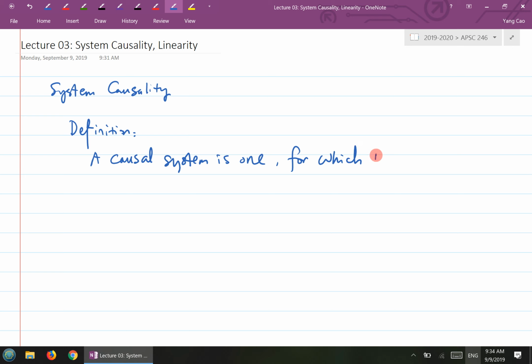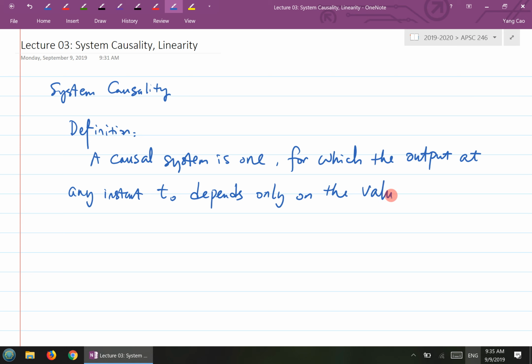For this kind of system, the output at any instant, at any time t naught, depends only on the values of the input. So let's say the input is f of t for t less than or equal to t naught.